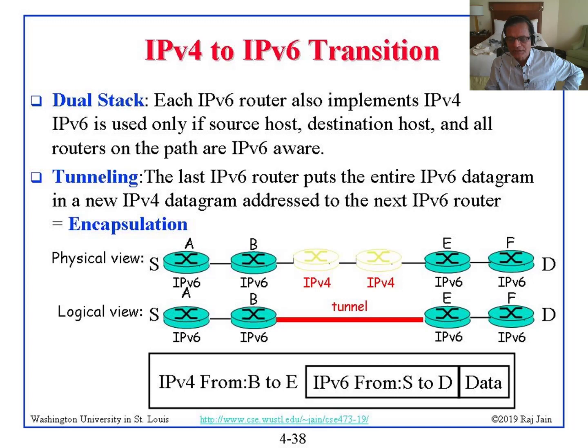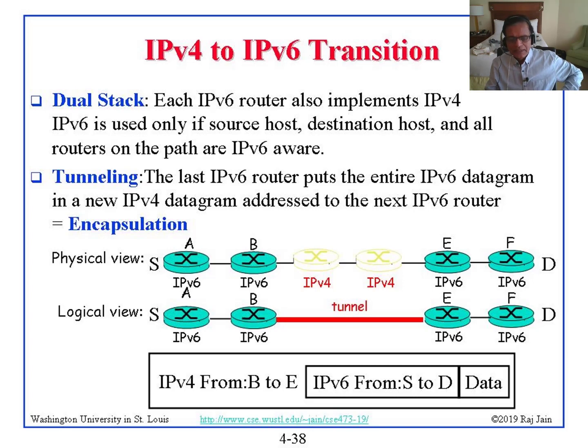This is called encapsulation. You encapsulate it, and then an IPv4 packet will go through that country or that set of routers. At the exit point, and here by port, I really mean the exit router, basically, not really the TCP port, the exit router will decapsulate this packet and send the original IPv6 on its way.